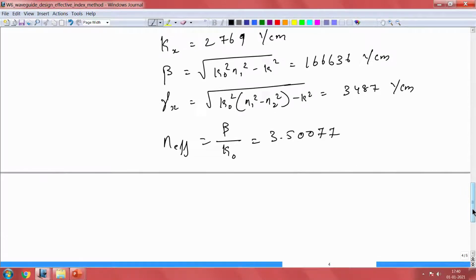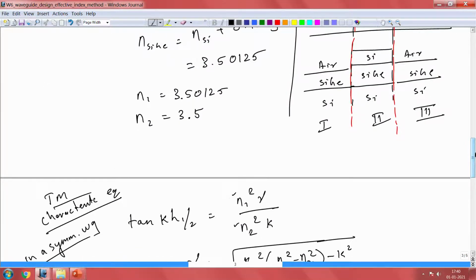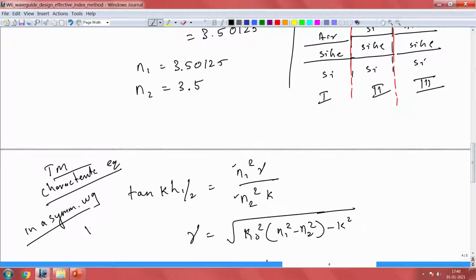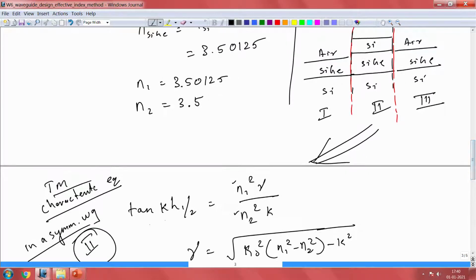You can apply this for the other structures as well. But now we have to apply the TM mode characteristic equation of an asymmetric waveguide. What we did so far is for the central section, that is section 2. We applied the symmetric equation for the central section. Why did we use a symmetric waveguide?